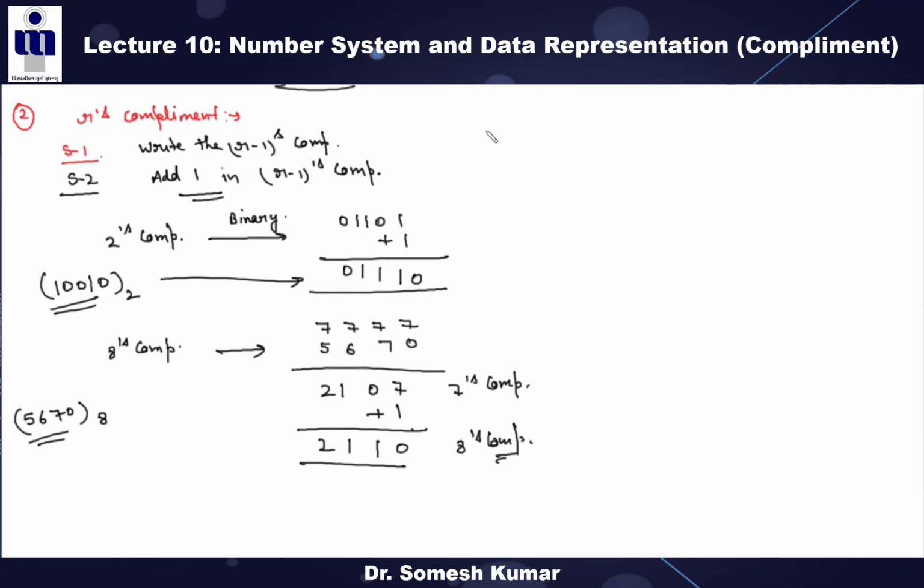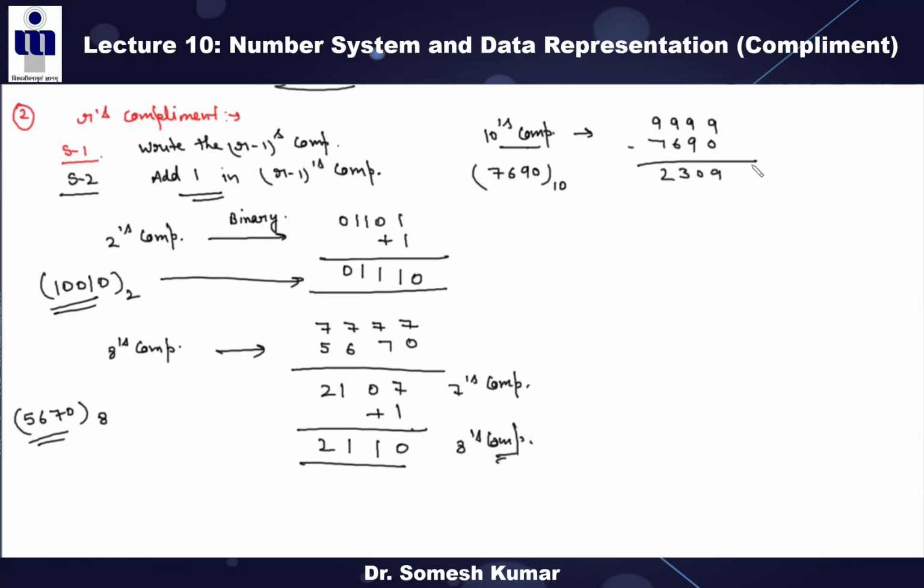Similarly, we can find out the 10's complement of any decimal number. It is given 7690. Find the 10's complement of this number. Similarly, first find out the 9's complement, and the 9's complement is 2309.